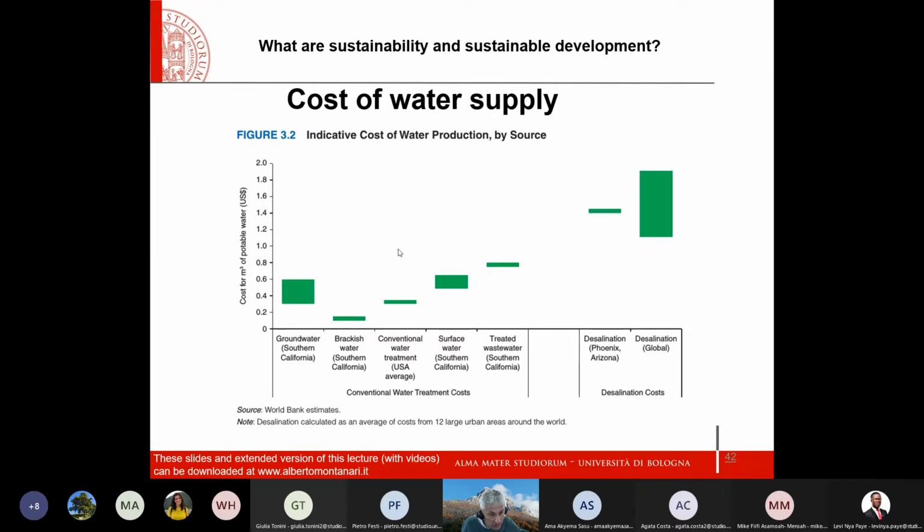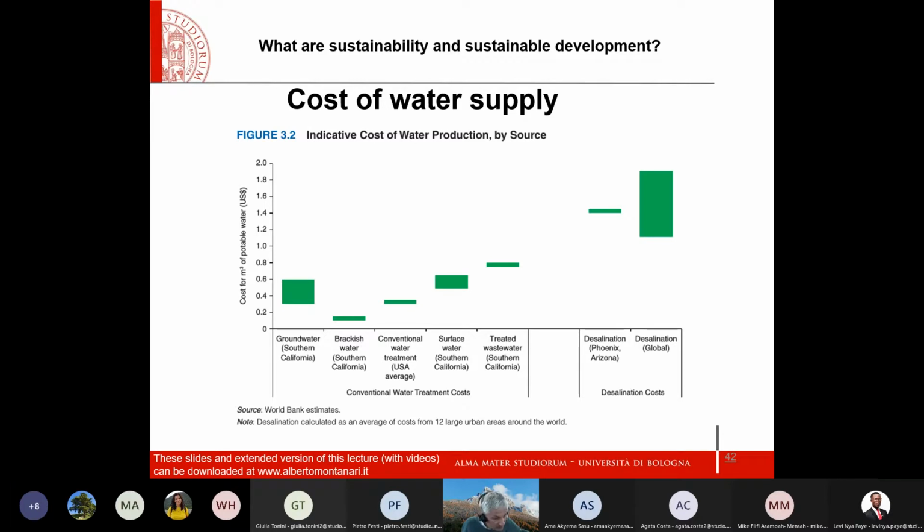If I look at my region, I tell you that surface water, even including the treatment, any kind of treatment which may be needed also for groundwater, because for instance in this region we have the problem of groundwater that is polluted by nitrates. So treatment may be needed for both forms of water resources, but still in the Emilia-Romagna region, and I would say in most of the north of Italy, surface water is less costly.